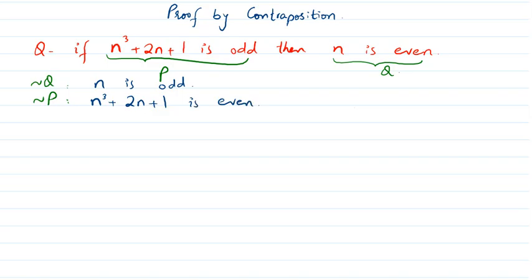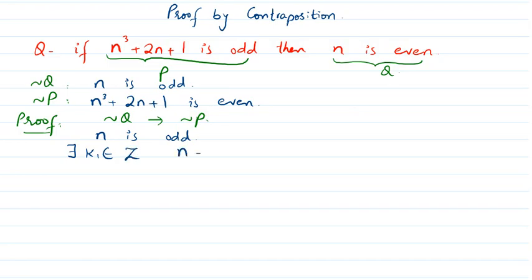What we have to strive for in order to carry out the proof by contraposition is that not of Q implies not of P. So starting with the given hypothesis that n is odd, making use of this fact, there exists a variable k1 that belongs to the set of integers for which n is 2k1 plus 1, the generalized form of an odd number, right?